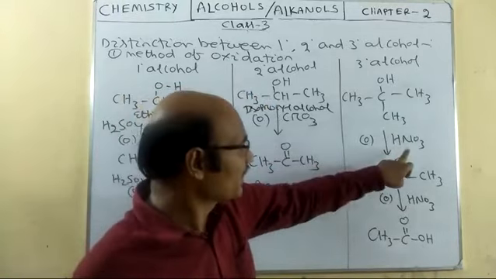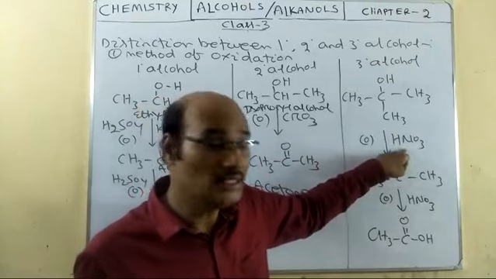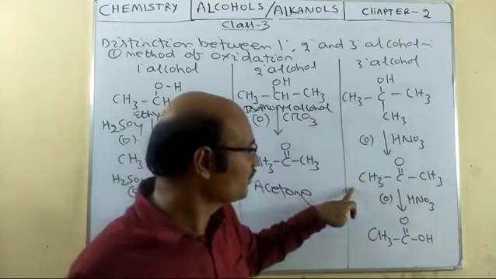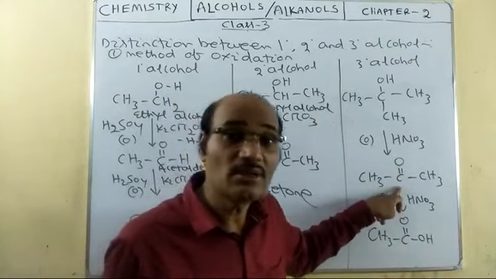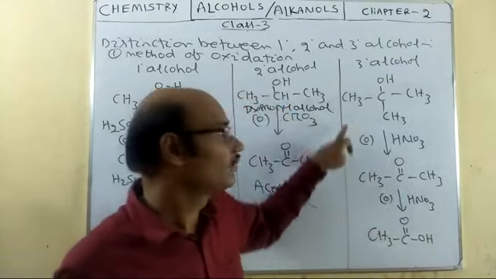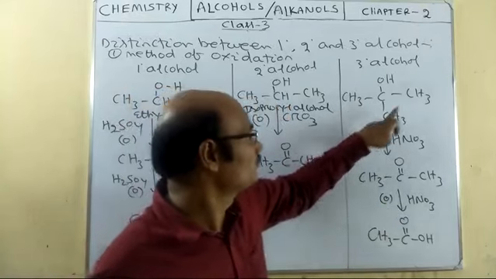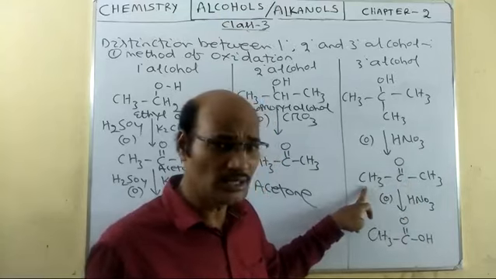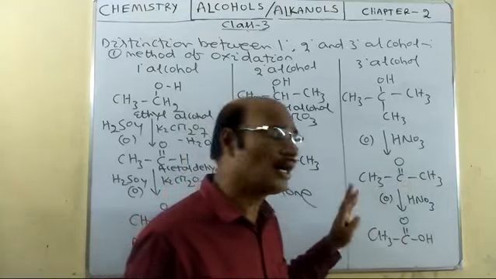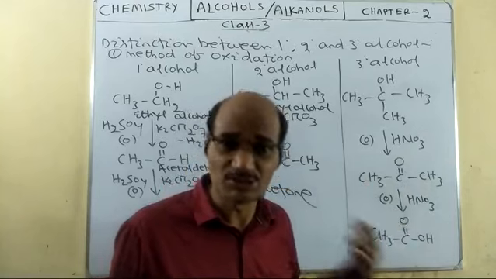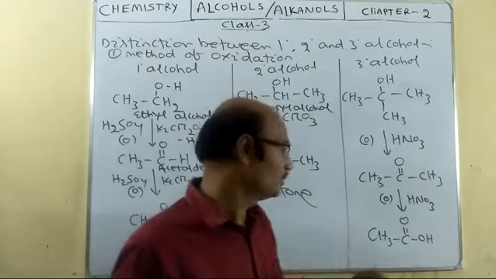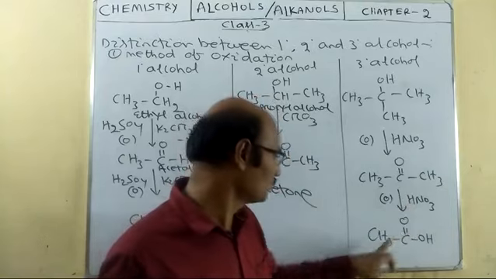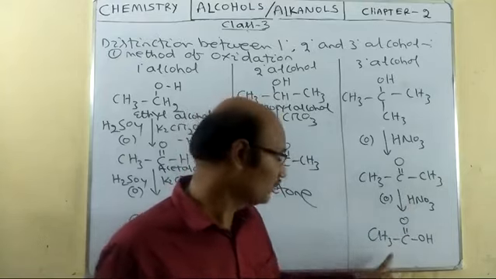So when we give nitric acid, a strong oxidizing agent, then the tertiary alcohol will undergo oxidation to give a ketone with one carbon less than the alcohol. You see 1, 2, 3, 4 carbons here, here 1, 2, 3 carbons. Again, this ketone, as we have already discussed, does not undergo oxidation easily. However, with a strong oxidizing agent like nitric acid, it gives a carboxylic acid with one carbon less.